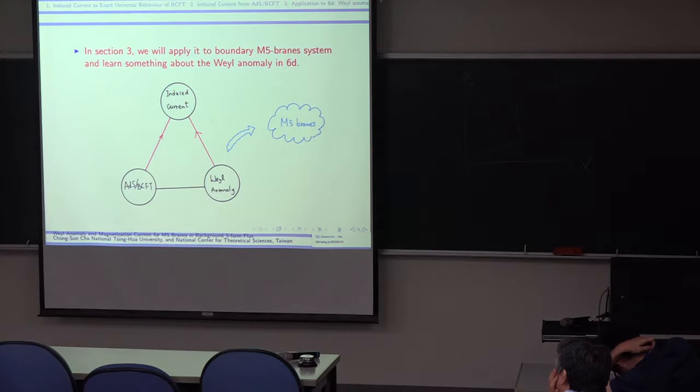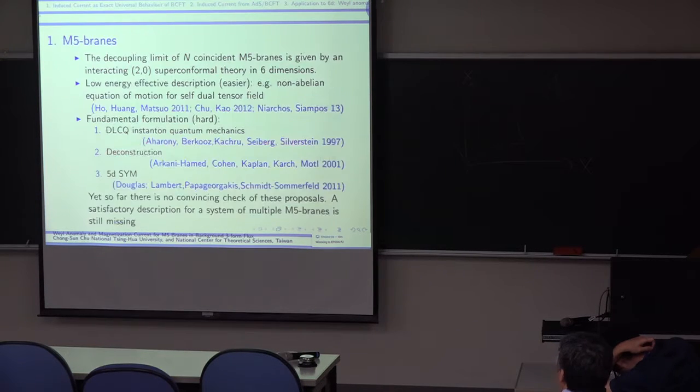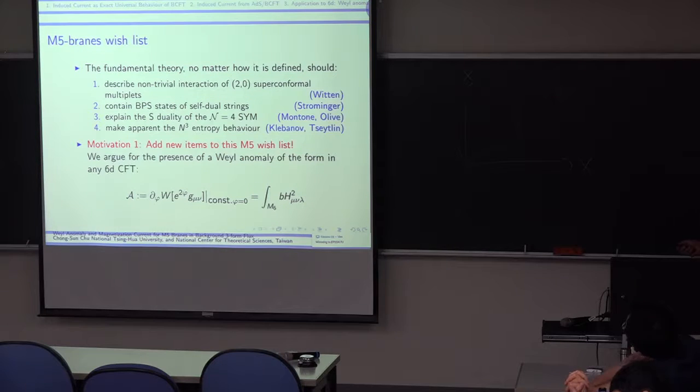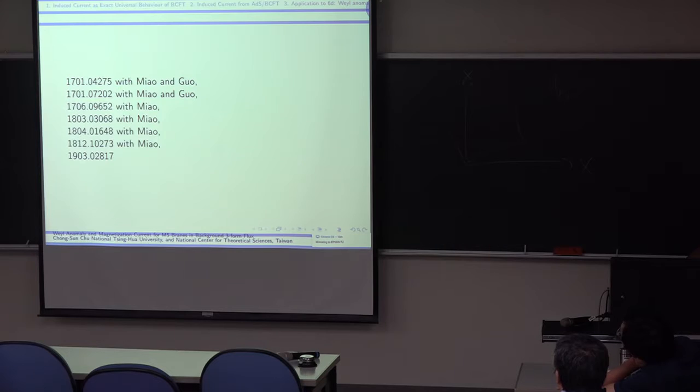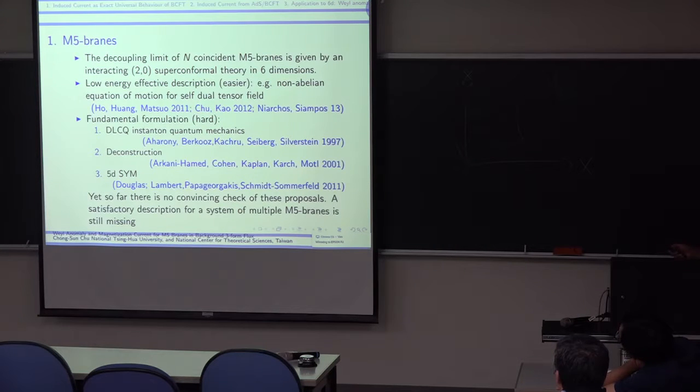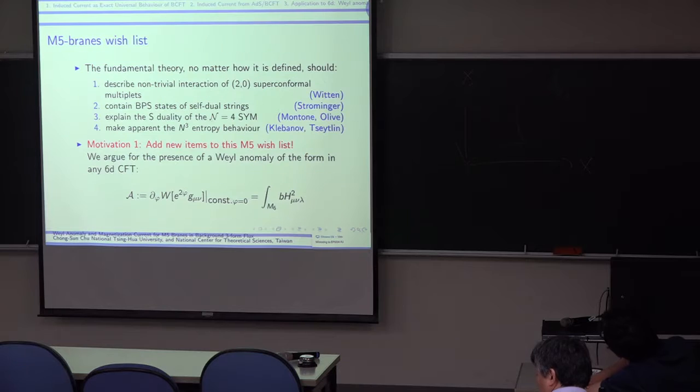Okay, so you mean that the Weyl anomaly in 6 dimensions is a nice clue for some interesting dynamics of the M5 brane. Yeah. So the dynamics of the M5 brane depends on whether you have a fundamental definition of the theory first. We can try to understand the dynamics of M5 branes using a fundamental definition or using some effective description. What I want to say here is that those approaches may be useful, but they are not well established.